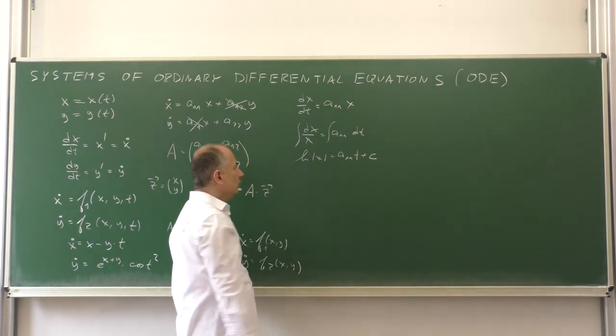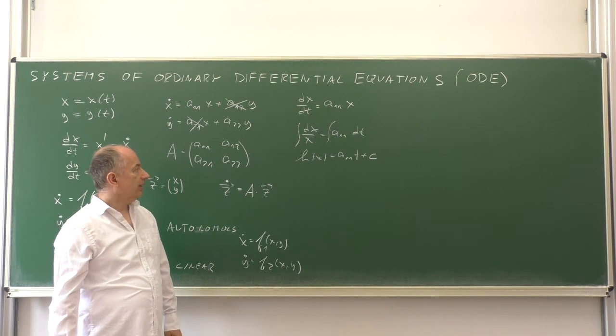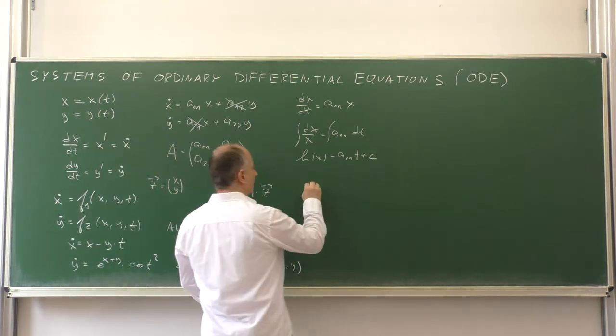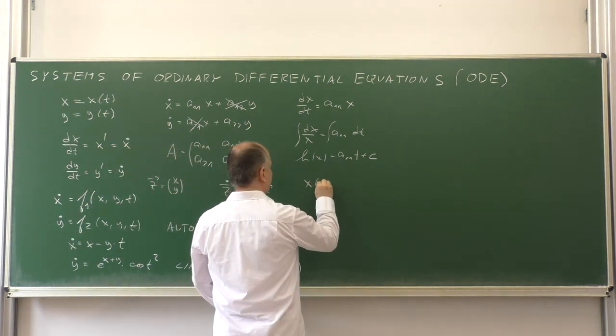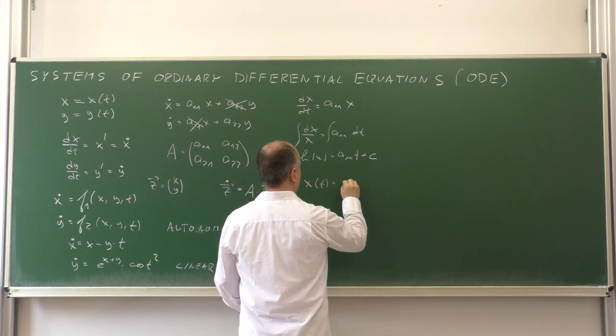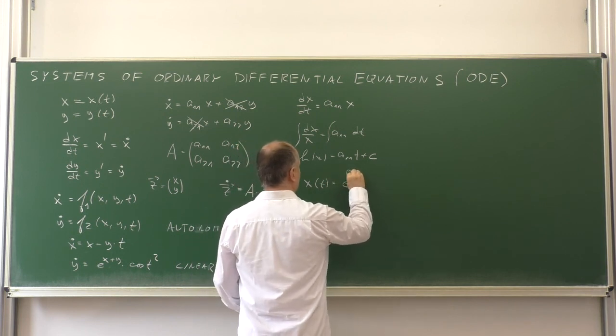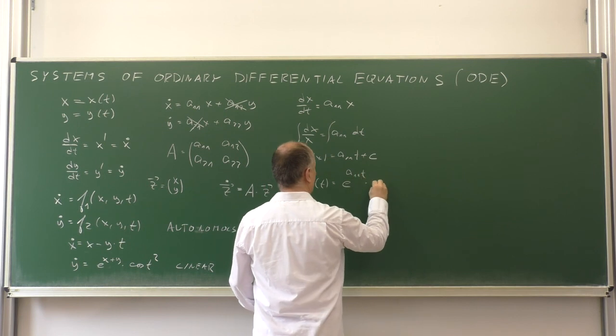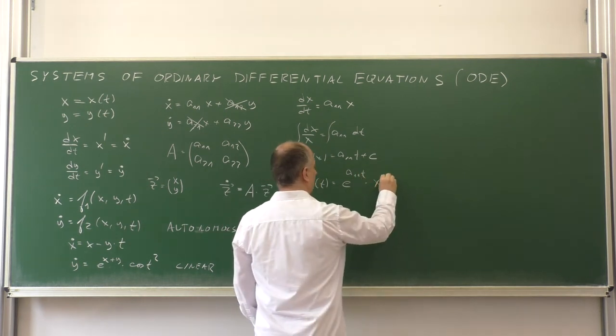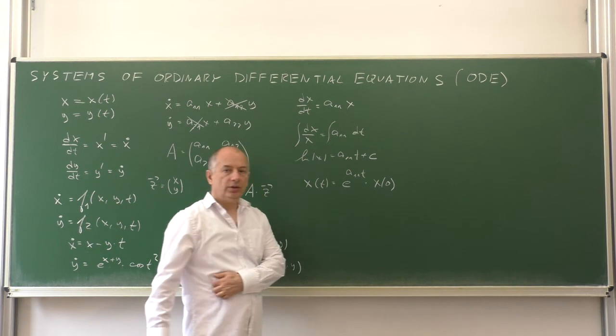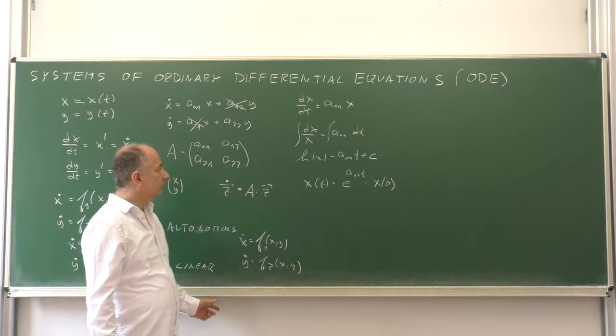And then if we remove the absolute value and the logarithm, we find that x at t is exponential of a11t times some constant, which has the meaning of the initial condition x0.